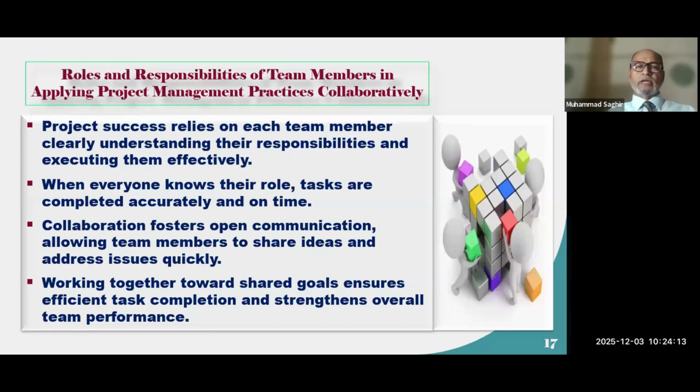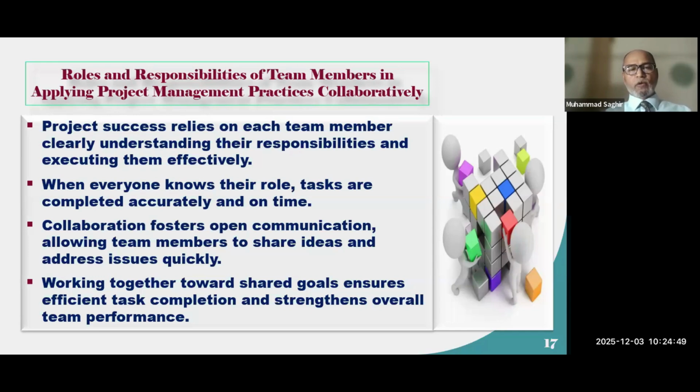Project success relies on each team member clearly understanding their responsibilities and executing them effectively. Before doing any task, all the team members need to have their job description, and they must understand what they are expected to perform and what their responsibilities are so that they can perform accordingly.